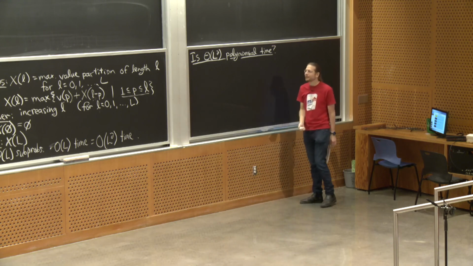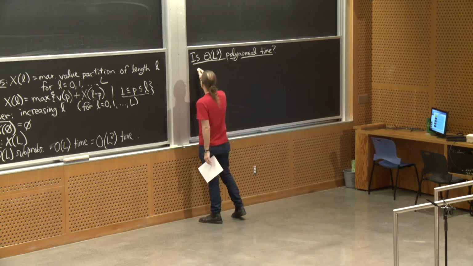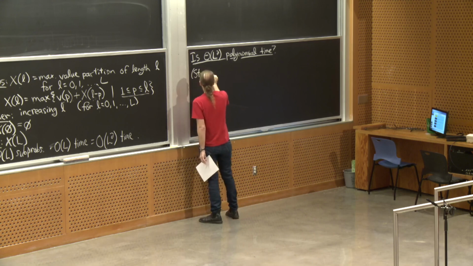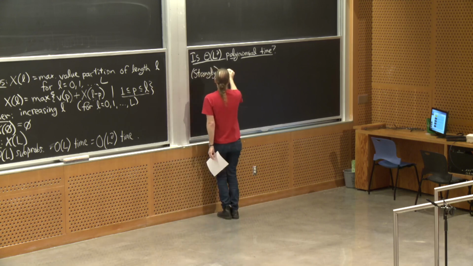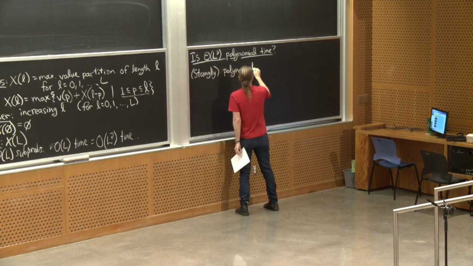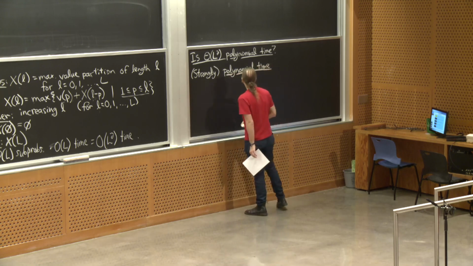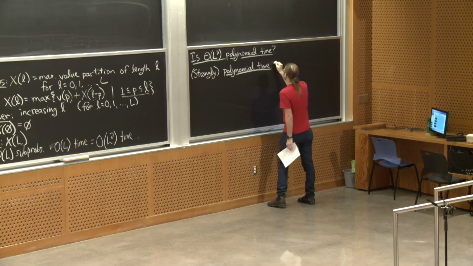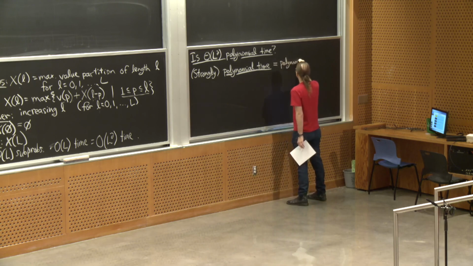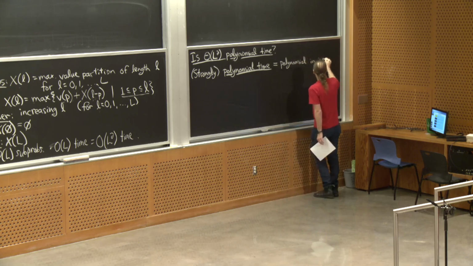And we haven't really thought about this too hard, but what does it mean to be polynomial time? This is a notion that's properly called strongly polynomial time. We won't worry about that strongly too much in this class, but if you look this up online, you'll see the difference. Polynomial time means that the running time is polynomial in the size of the input.